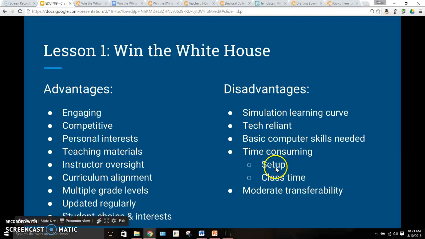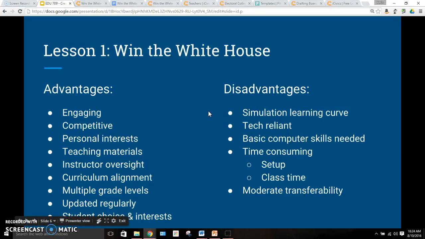The setup is quite time consuming. But I can have some oversight. It aligns really nicely with the social studies curriculum for all levels. It has multiple difficulty levels. It's updated, like that Win the White House is updated for the 2016 election. And then it allows them to explore their own choices.